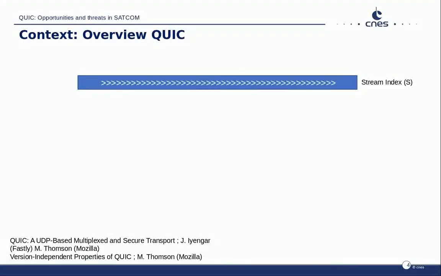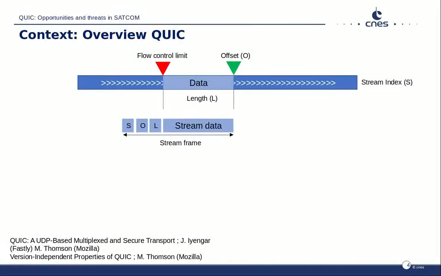Let's have a look at how a QUIC packet is formed. If we have a stream of index S, the offset O is where we are in this stream at the moment, and we have a flow control limit. So this gives us the data of length L that we would like to send in a stream frame.